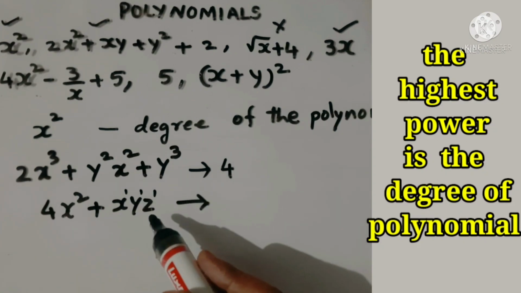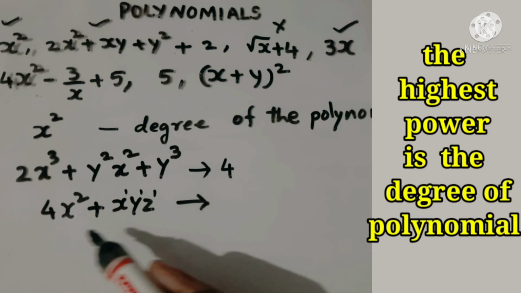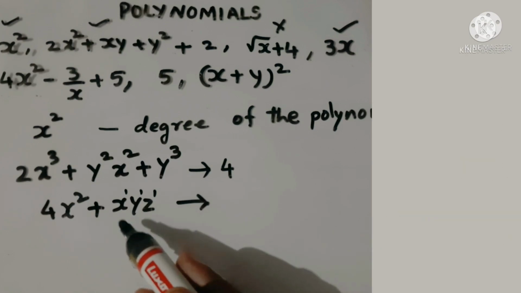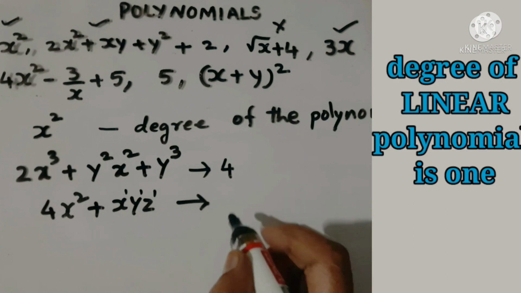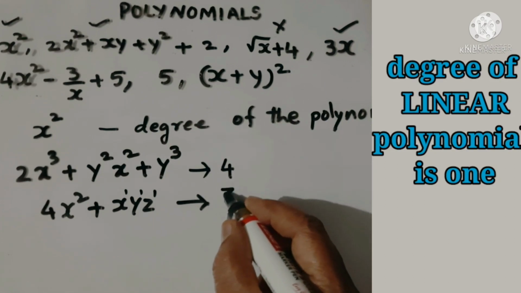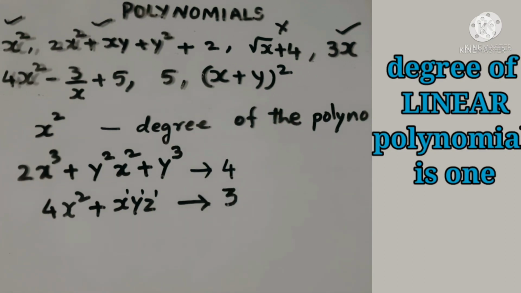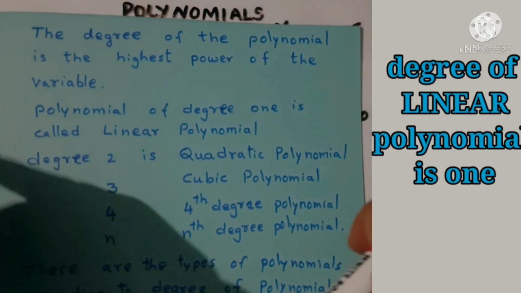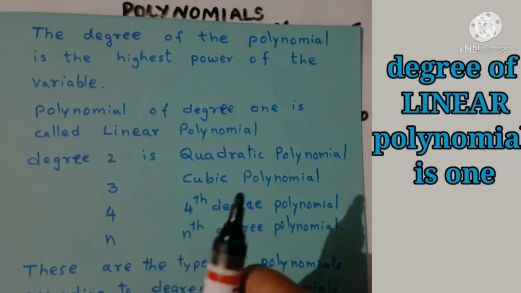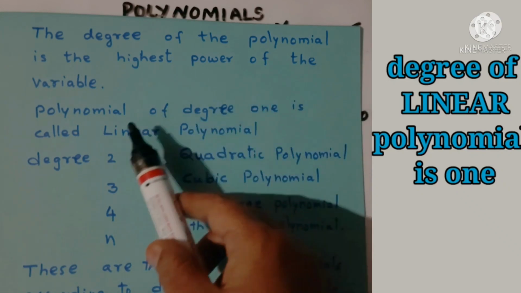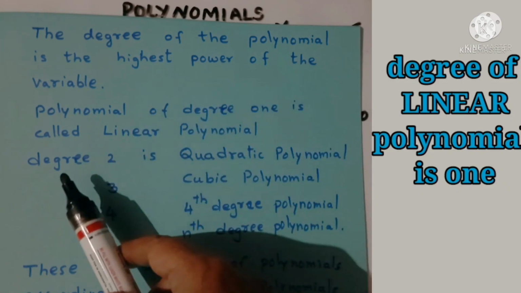So the power is 3. When we compare these two, the highest power is 3. So the degree of this polynomial is 3. Like this we have to write. Here the degree of the polynomial is the highest power of the variable.